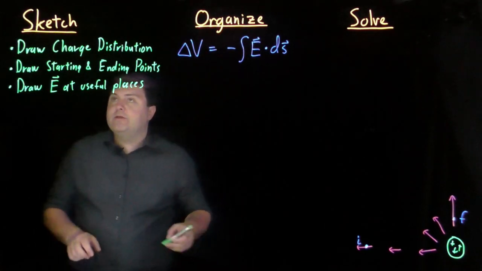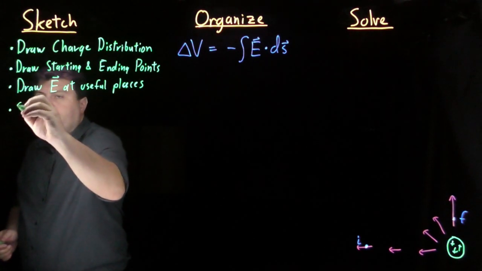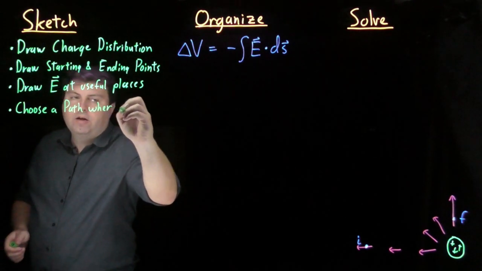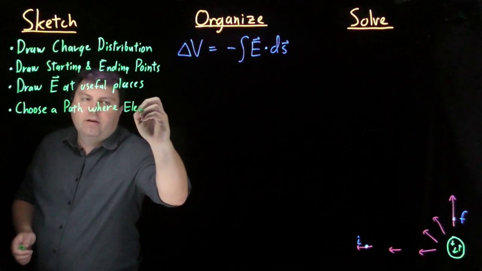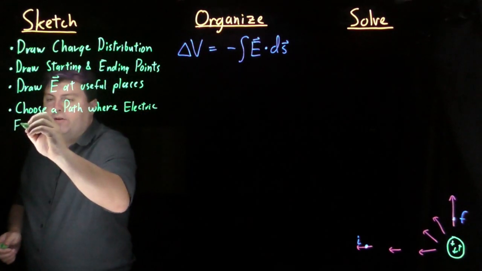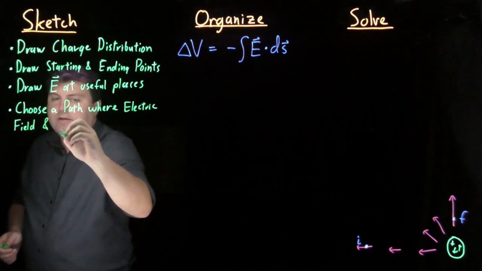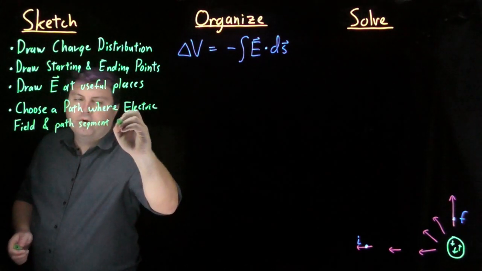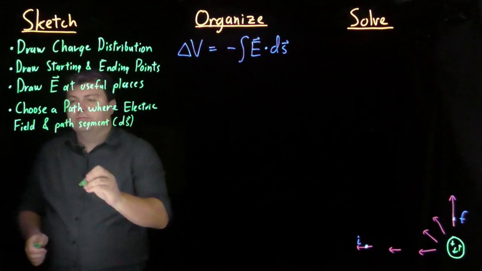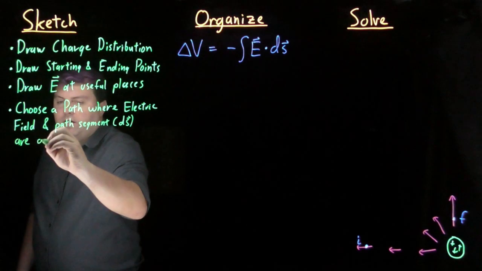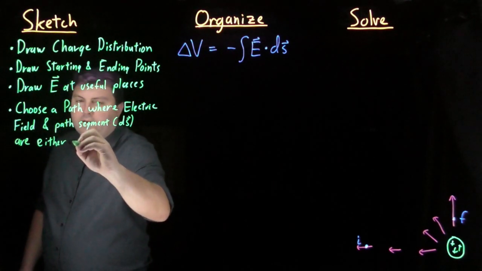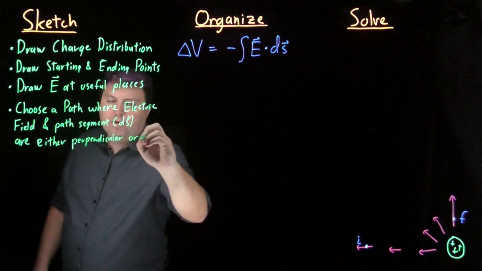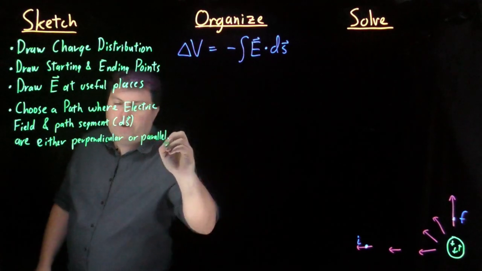And so what we want to do while we are doing this is we want to then choose a path where the electric field and the path segment, we're going to call this path segment ds, are either perpendicular or parallel.